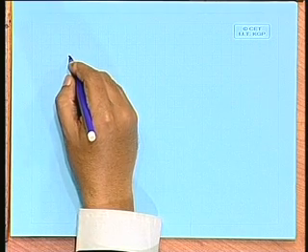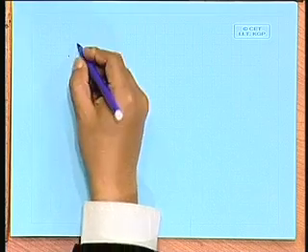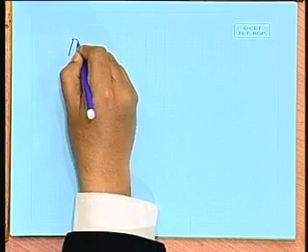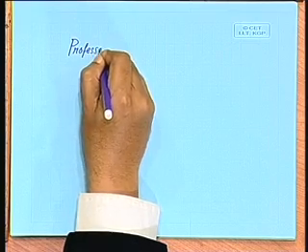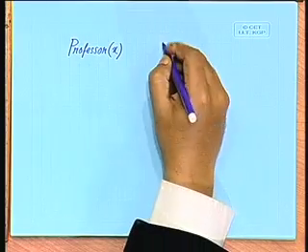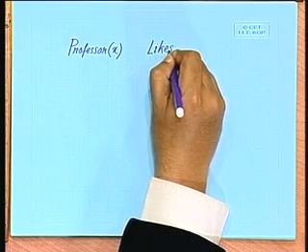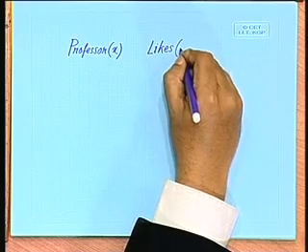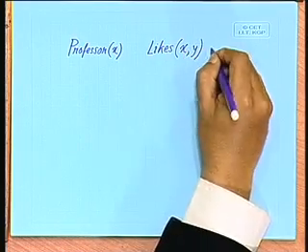So, how are we going to write this? Okay, so we will have predicate professor x, and we will also have a predicate which says likes x y. Okay, let us clarify this.